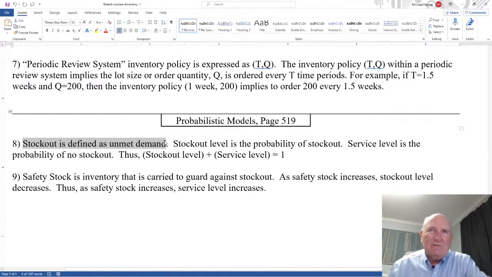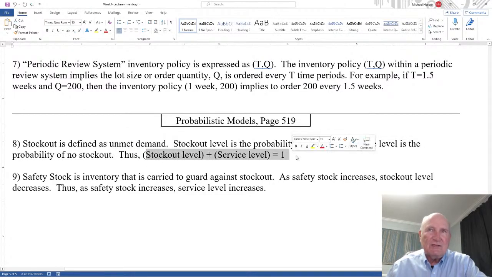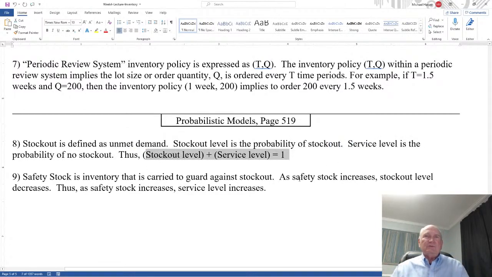The stockout level is the probability of stockout. So now we're looking at probabilistic models. A service level is the probability of no stockout. Therefore, the stockout level plus the service level equals 1. In other words, if your stockout level can be expressed as a probability, let's say 0.1, it can also be expressed as a percentage, 10%.